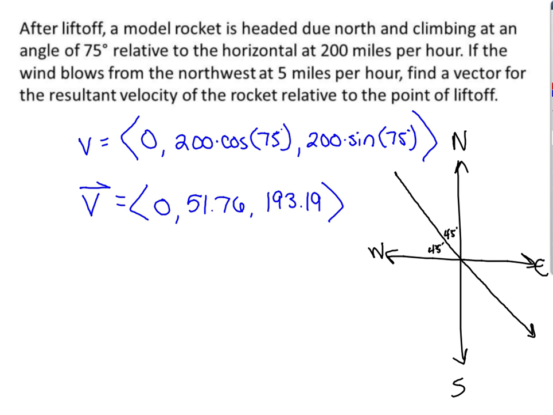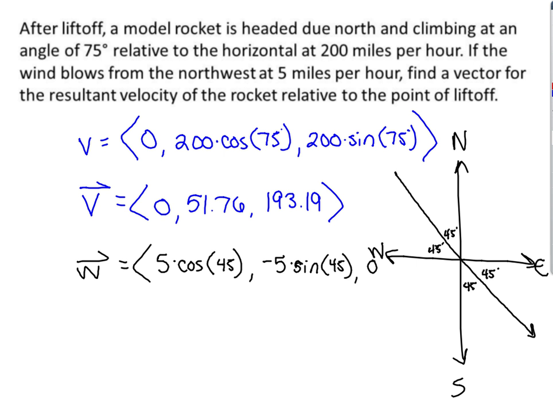Because our vector is going down to the left, the first thing we need to do is find our measures. Now, east and west, north and south, this means I'm talking about my x and y values. So for the wind, I'm going to have an x and y value. We know that the wind is blowing at 5 miles per hour. So it's 5 times the cosine of 45. It's going towards the south because it's coming from the north. So this is going to be a negative 5 times the sine of 45.